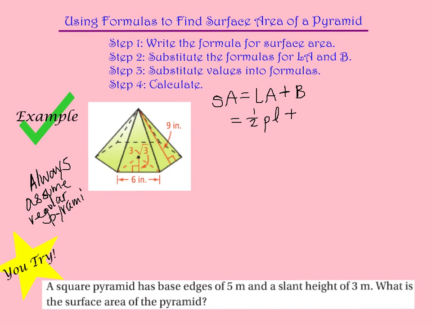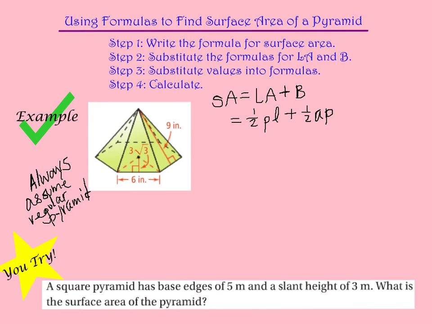And again, this is unless it's stated otherwise. So it's not stated otherwise, so we're assuming that this is a regular hexagonal pyramid. So the area of the base would be found by 1/2 apothem times perimeter.